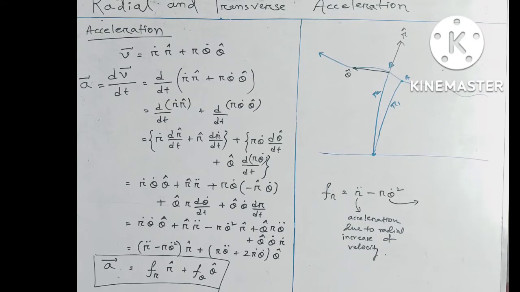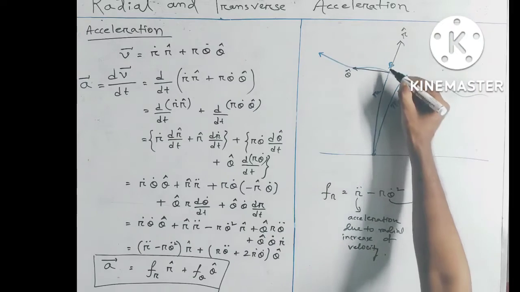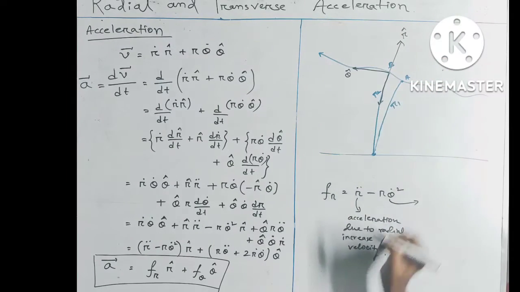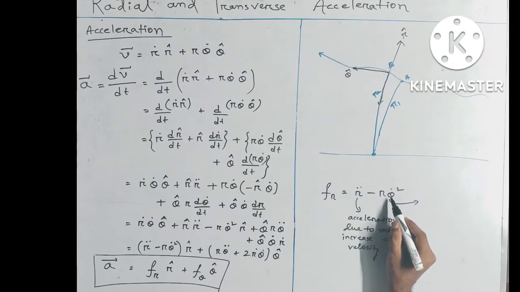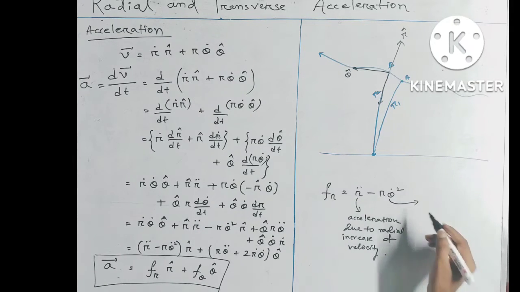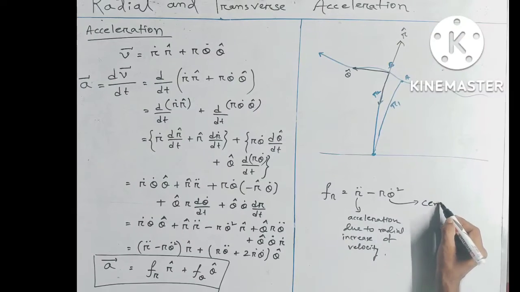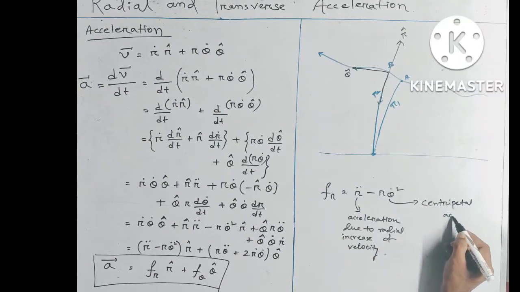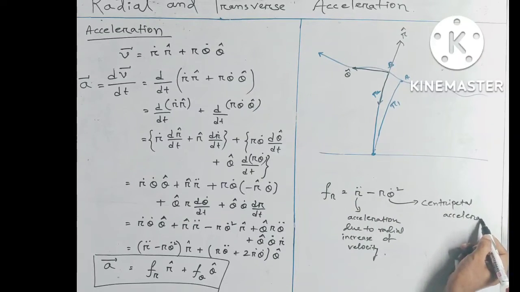This term is negative. If this part is positive, this will be negative. This term, r theta dot square, is the centripetal acceleration.